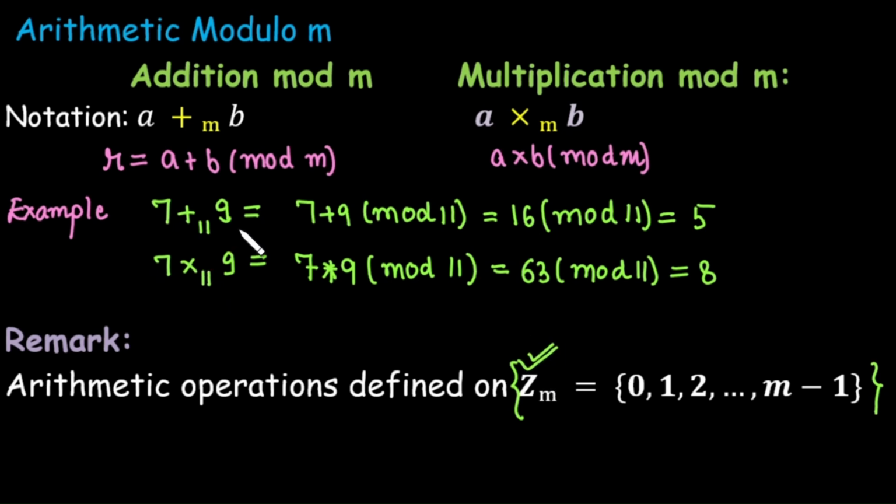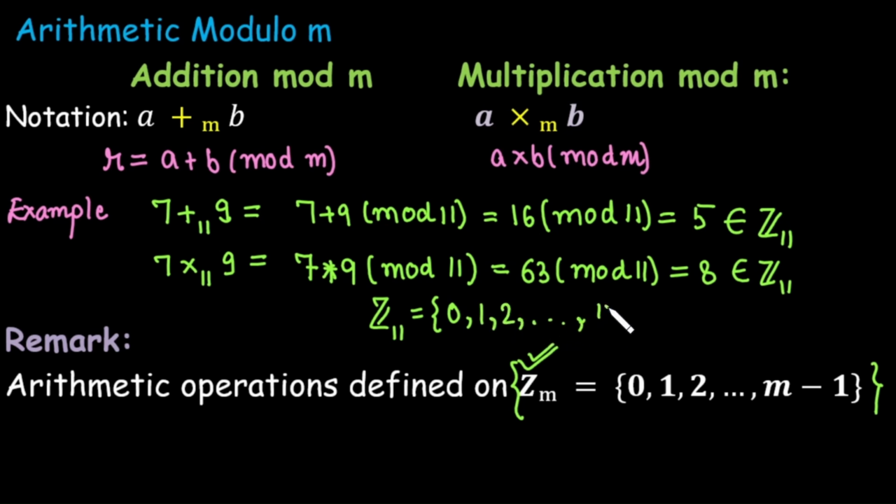In this case, the expression values are equal to 5 and 8 respectively, and that belongs to Z11, where Z11 indicates all non-negative integers less than 11, till 10. Basically, what are the possible remainders when dividing any integer by 11? Collect that in one set, that is Z11.